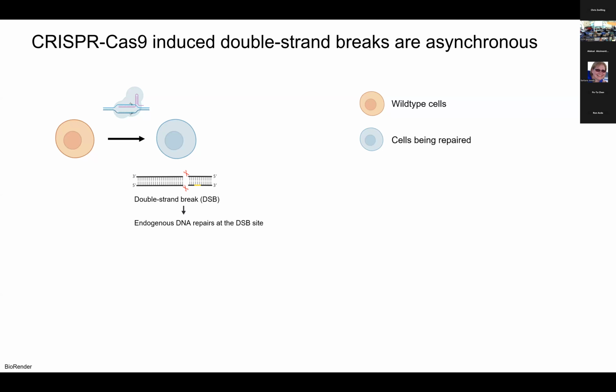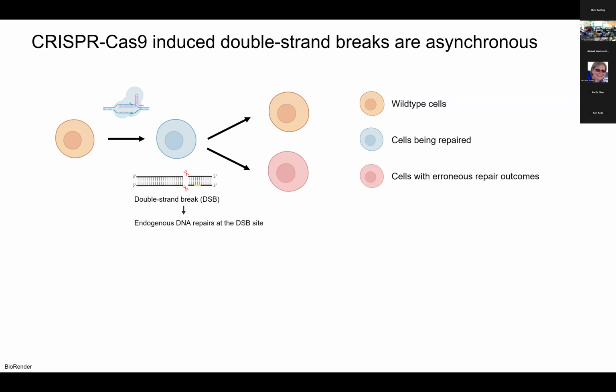If we want to use the CRISPR-Cas9 system to study DNA repair, briefly, what we need to do is introduce the Cas9 into the cell. After the Cas9 complex performs the double-strand break, as I briefly mentioned, it triggers the endogenous DNA repair mechanism at the break site. There are potentially two outcomes.